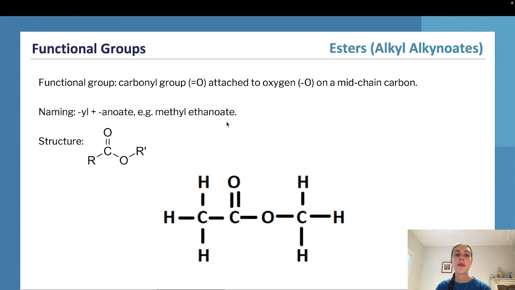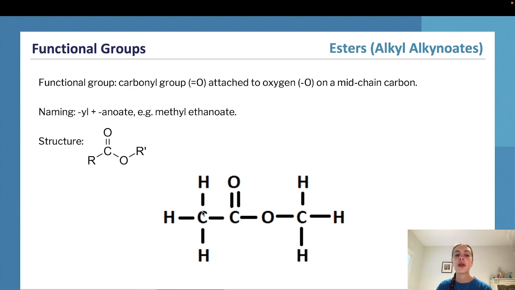So for example, methyl ethanoate. If we look at what methyl ethanoate is here at this diagram at the bottom, we can see the methyl part is this additional section here, whereas the ethanoate part is the section which has the carbonyl group attached to it.